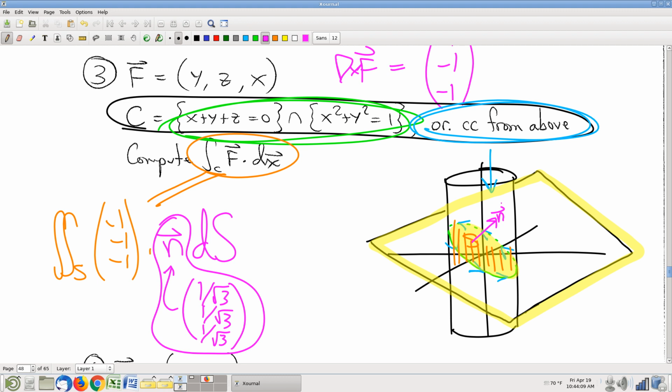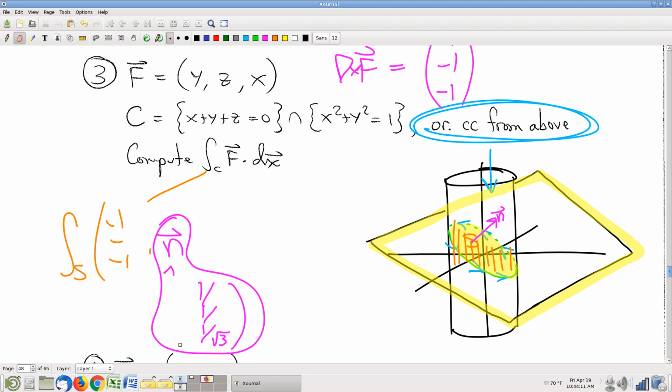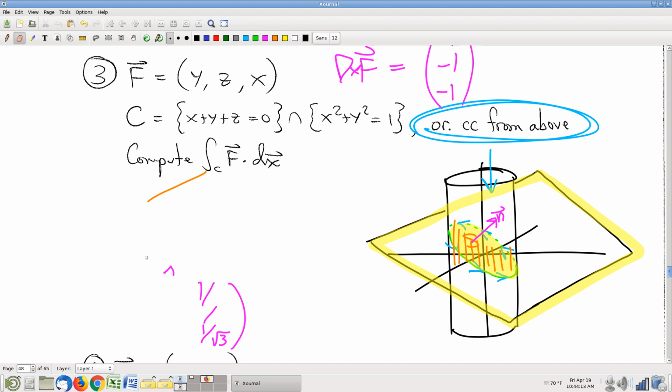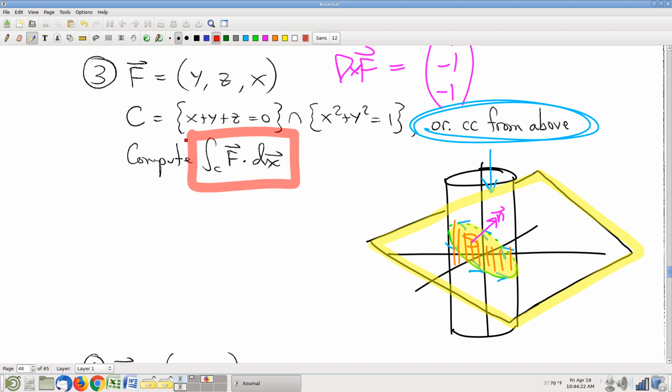Okay, here's the last observation I'll make about this example. Looking back at the original question, I'm just going to have to erase because this is kind of in my way now. The last observation. There is another way to compute this that we have not previously discussed. And that is, you could just directly plug and chug, right? You can parameterize this curve.